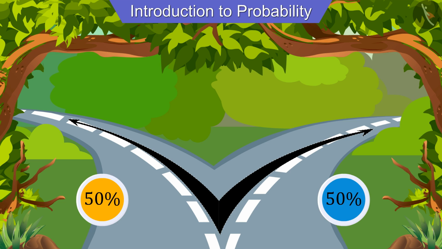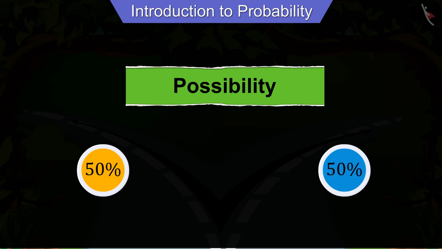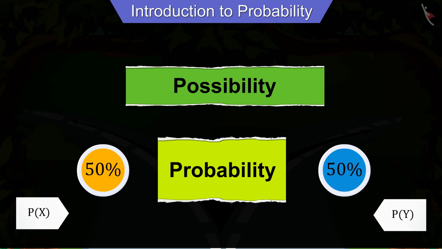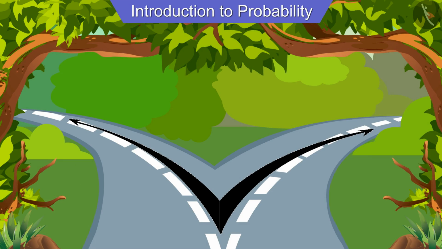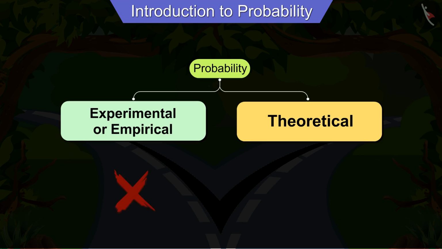You can see that every time, we are saying possibility. When we are talking about the possibility, we are talking about probability, which we represent by P. We can see that here we have no previous data to choose the right path, due to which the experimental probability cannot be used here.